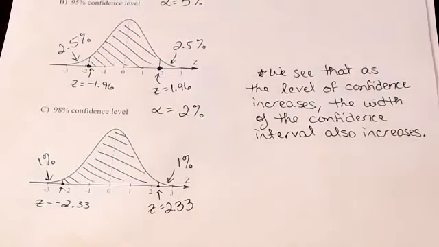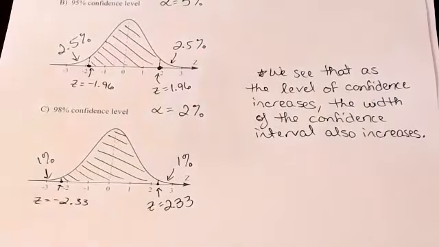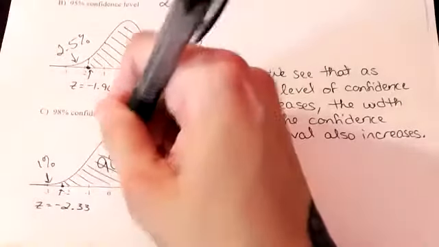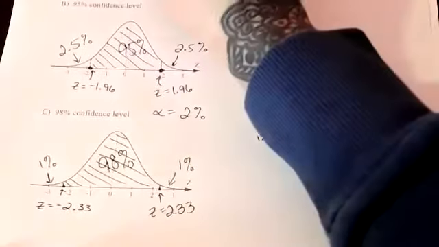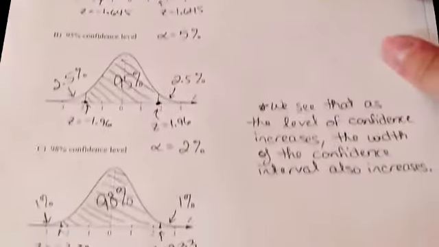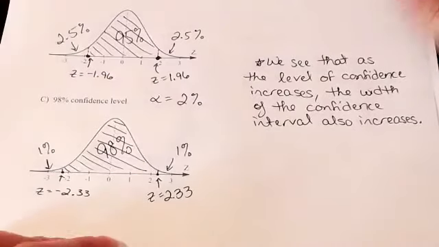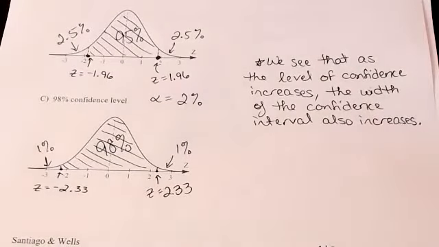So as the level of confidence increases, we went from 90% to 95% to 98%, and we can even draw those percentages in here. We see that that width increases, it gets wider each time. That is very interesting to know.